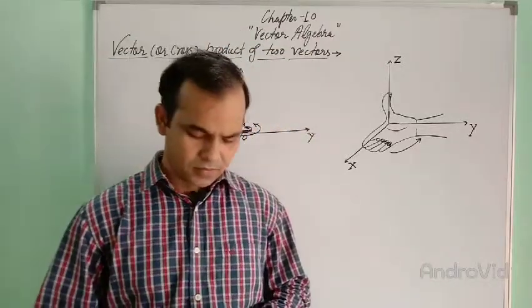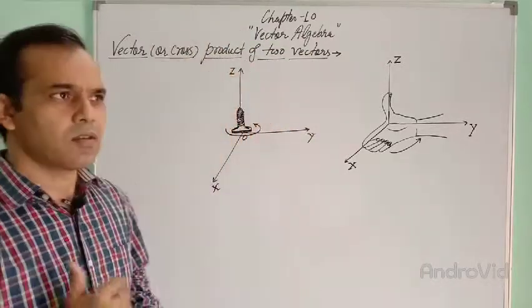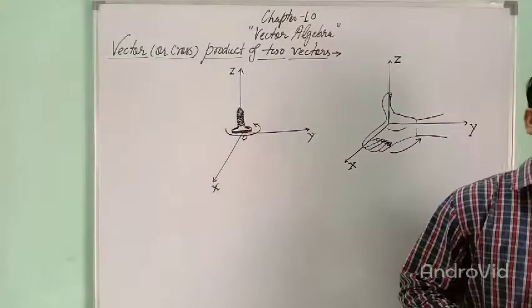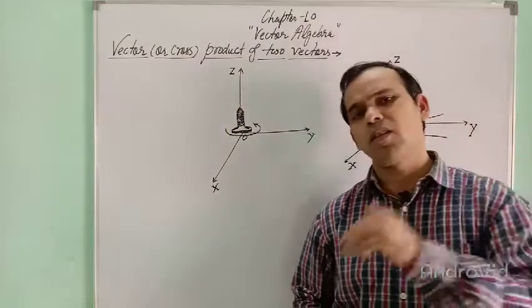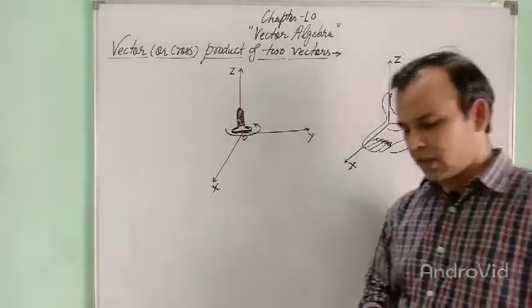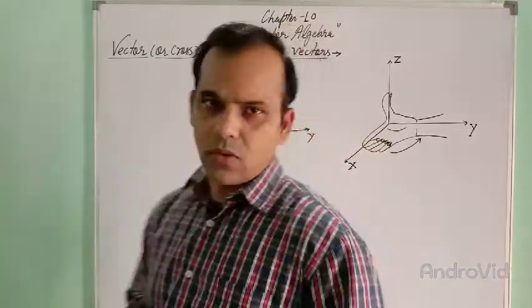a vector cross b vector. Before we discuss the cross product of two vectors, just recall the three-dimensional right-handed rectangular coordinate system. In the earlier video we have discussed it.